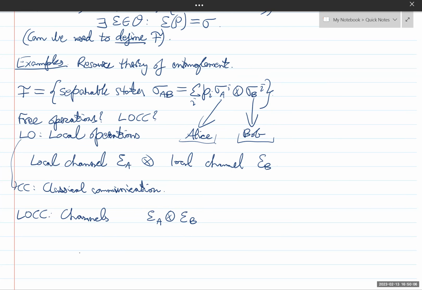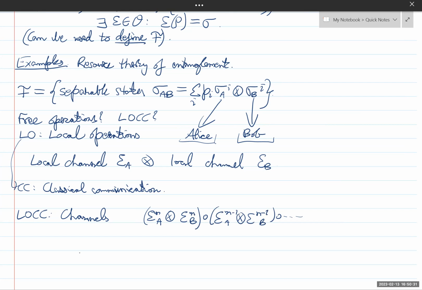So something like E_1A tensor E_1B, up to N, composed with E_(N-1)A tensor E_(N-1)B, and so on.